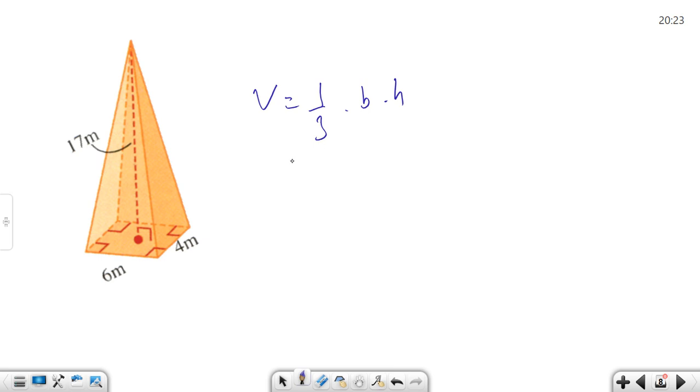So 6 times 4, that's the rectangular prism base. So the area of base equals 6 times 4, 24. 1 over 3 multiplied by 24 multiplied by 17.